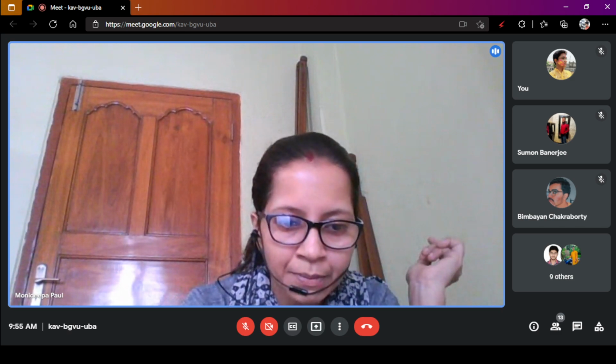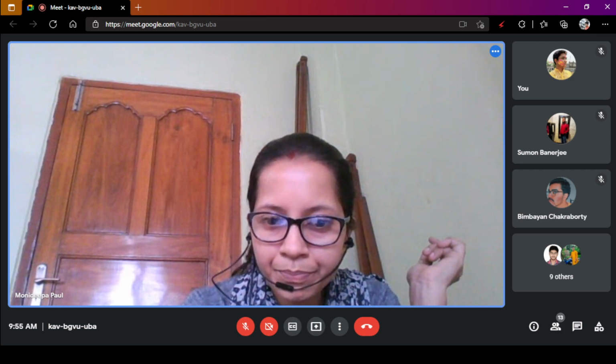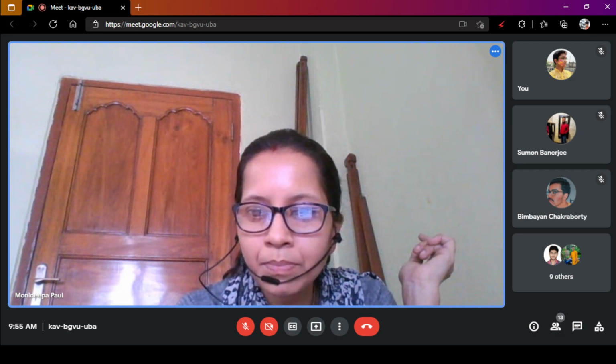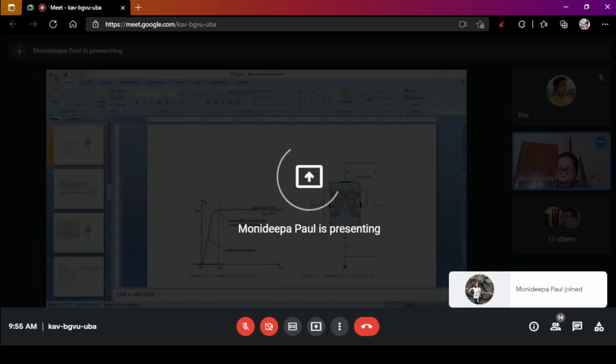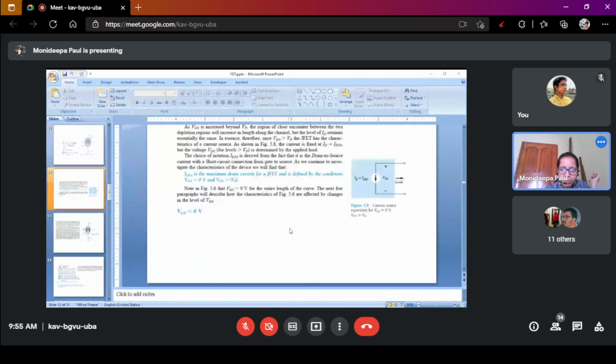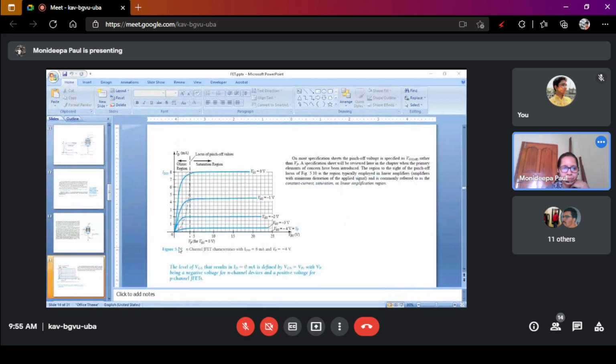If you see the figure, here you see the saturation current is reached at a lesser VDS, and the maximum amount of current flowing through the channel, that is the saturation current, is less.